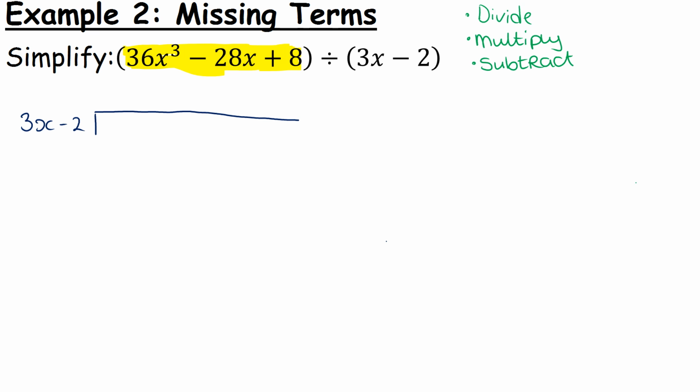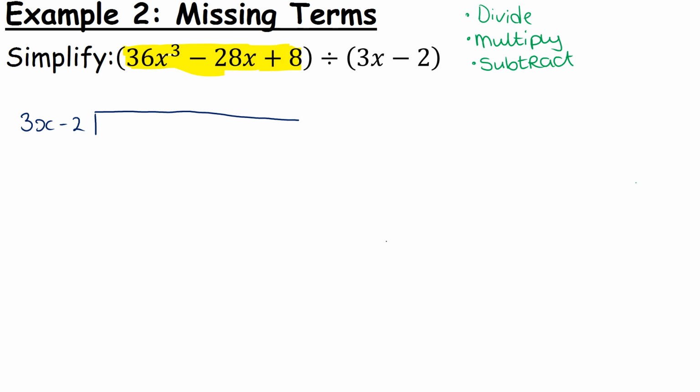But the reason that we are highlighting this or doing this as an example is because when we have an x cubed, we would expect the next term to be an x squared. Then the next term to be an x, which we have, and the last term to be a constant. So it seems that we're missing a term. So we're missing the x squared. Now when we go to do the long division, this can cause problems just because of how we work through it.